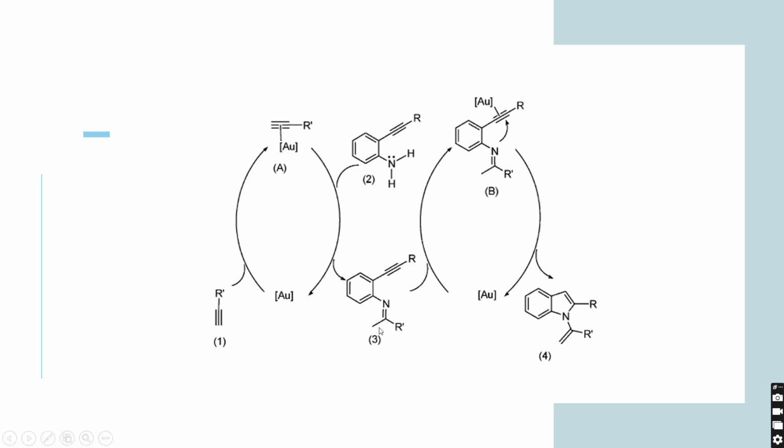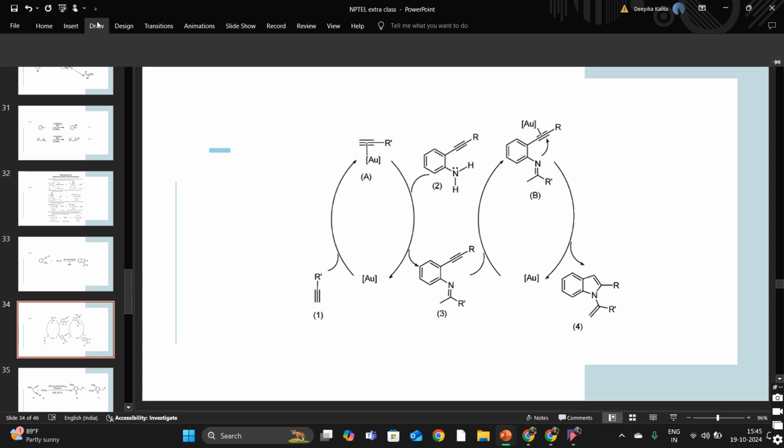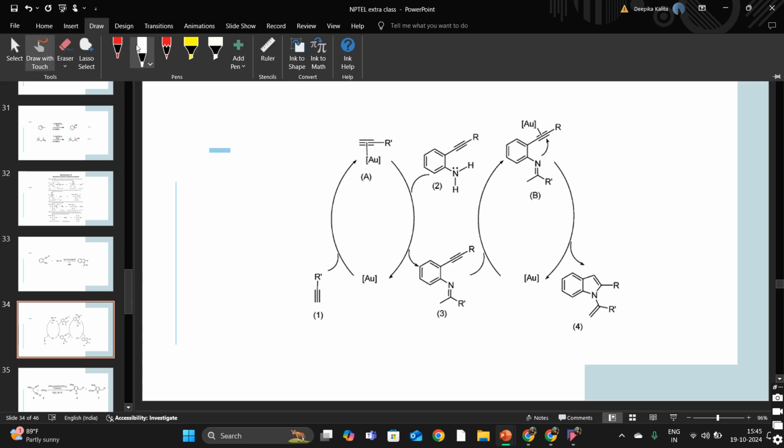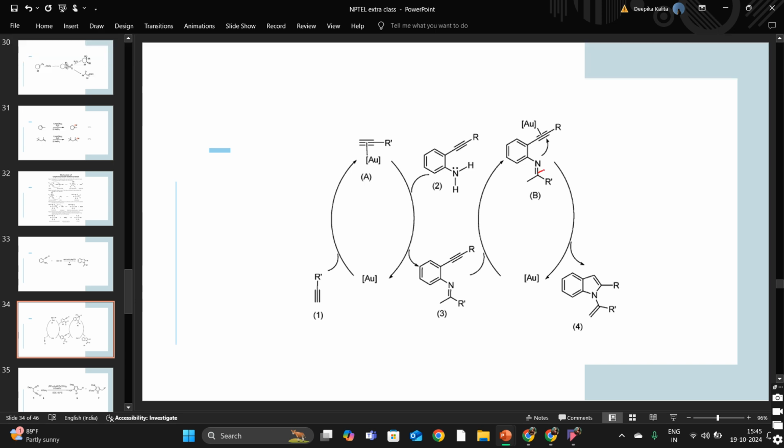Okay, so this imine is now going to attack at the activated alkyne to give us intramolecular cyclization. And how is this cyclization happening? This imine will attack at the more stable carbocation that is forming.